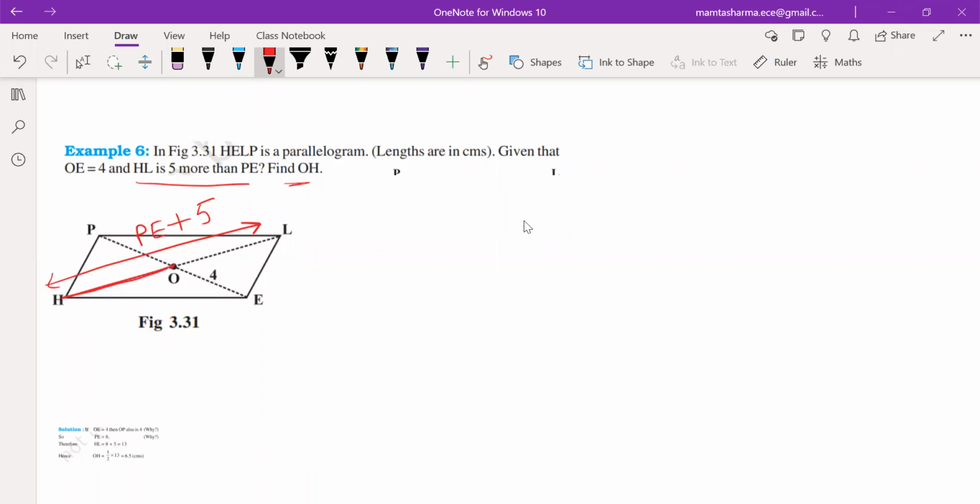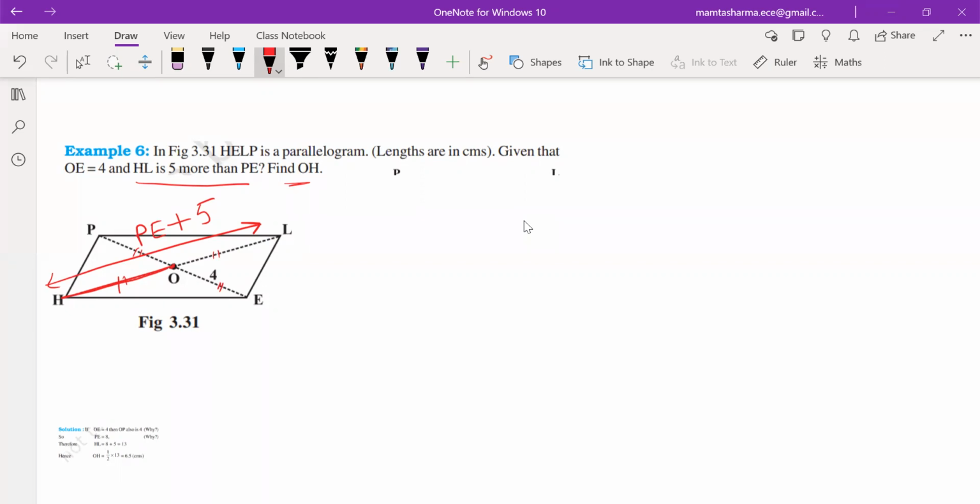Do you know the diagonal property of a parallelogram? Yes, ma'am. Parallelogram diagonals bisect each other, so the parts of the diagonal will be equal.